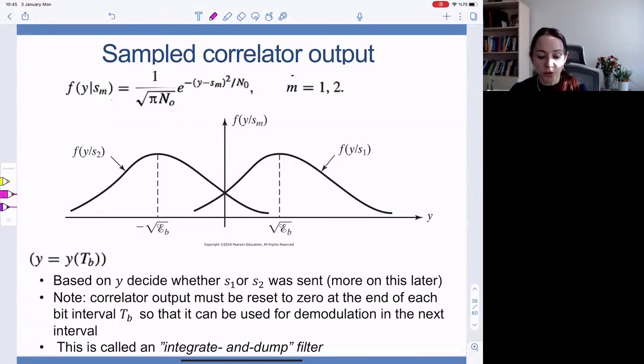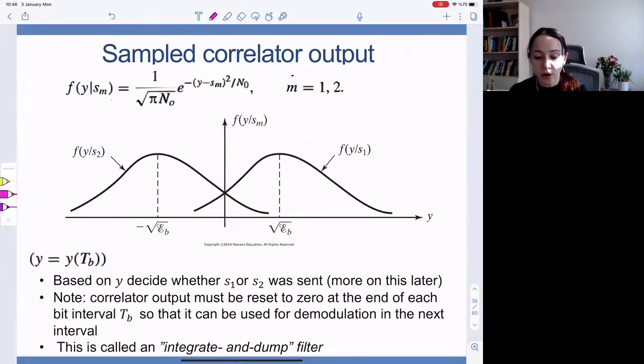In other words, we're going to try to infer whether the Sm that they sent to us was square root of Eb or negative square root of Eb. Okay, if there was no noise, this would be trivial. But the noise, if it turns out to be large, can corrupt the signal such that we can mistake a square root of Eb for a negative square root of Eb, etc. What are the chances that this will happen?